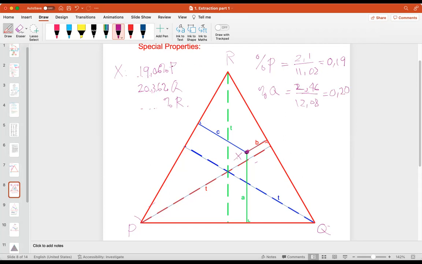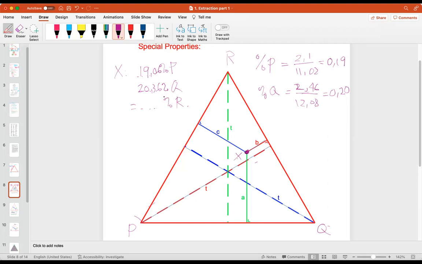So this tells you that this contains about 19% P and about 20% Q, and then for R you can just subtract them from 100%. Can you help me find this one? So 100 minus this one and minus this one, about 60%.